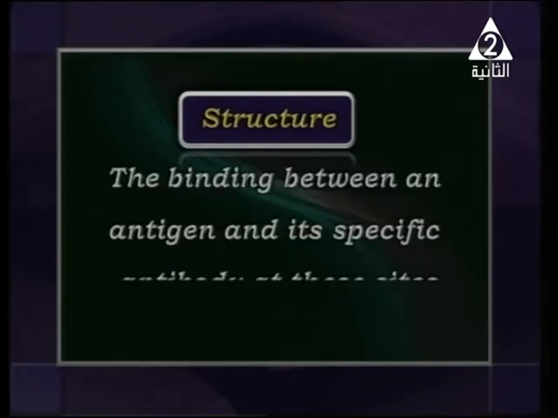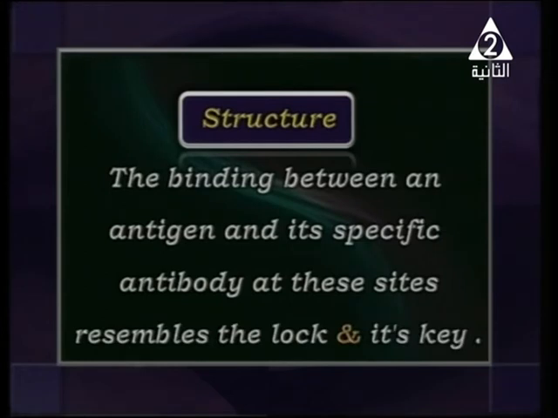And also, the binding between the antigen and its specific antibody at this site looks like a lock and its key. Get the meaning here? Antigen, again, as we said, is related to the bacterial cells or the pathogen, while the antibody is something from your body, the lymphocytes.